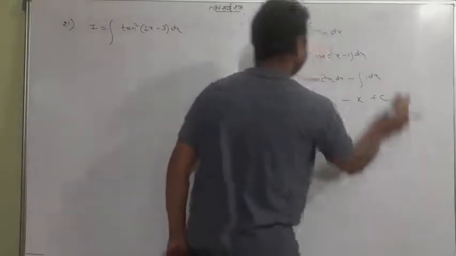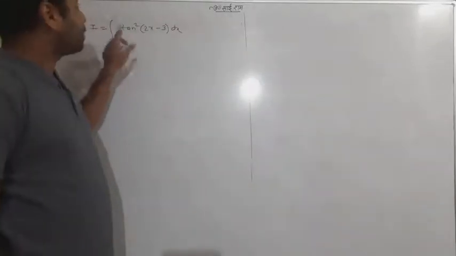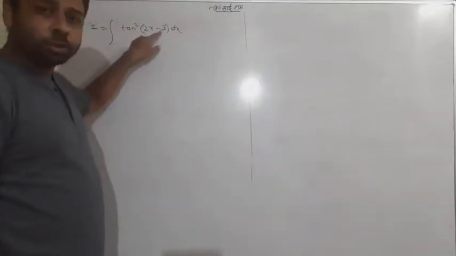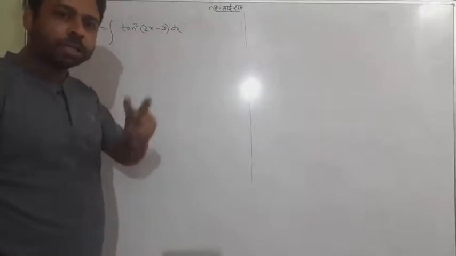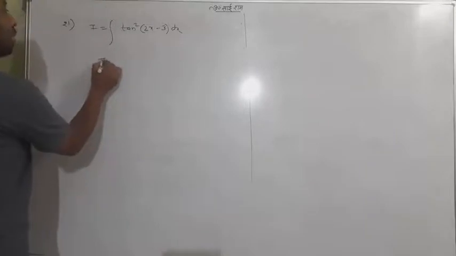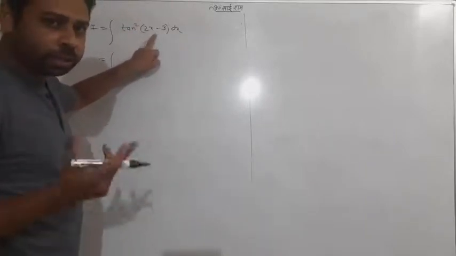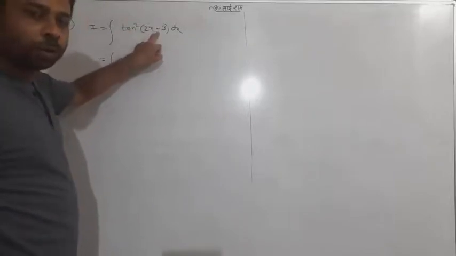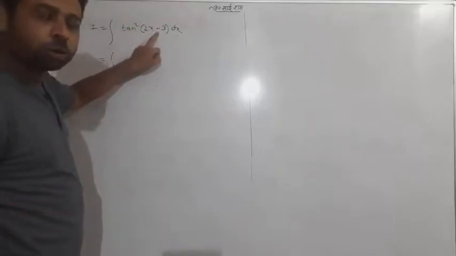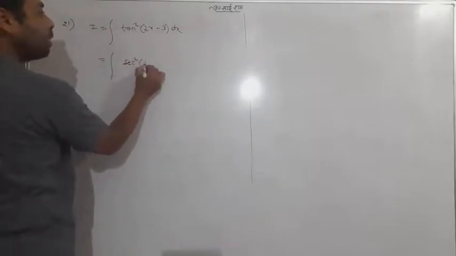Here, I tell you one thing: for tan square of 2x minus 3, if you want to do it directly, you can. I will tell you two methods. First, as I taught you, you can consider it like x because it is a linear function. You cannot find the integration of tan square x directly, so tan square x can be written as sec square x minus 1.